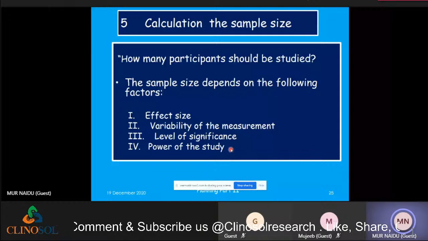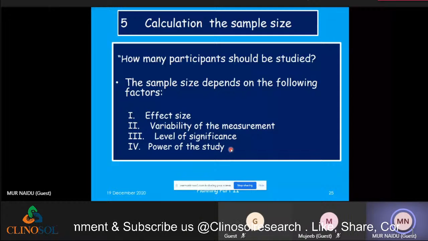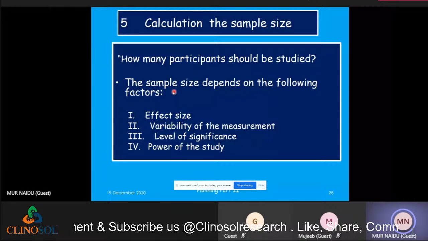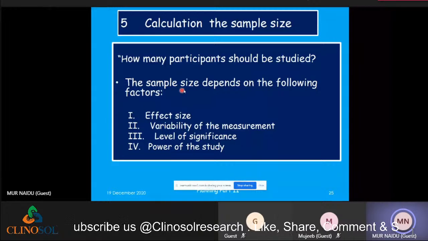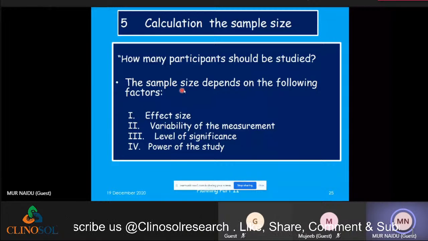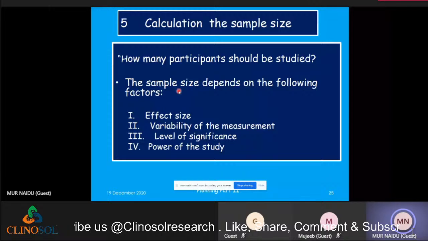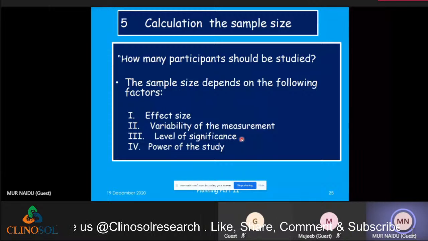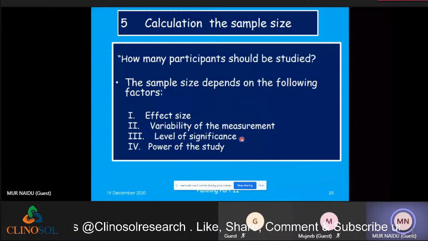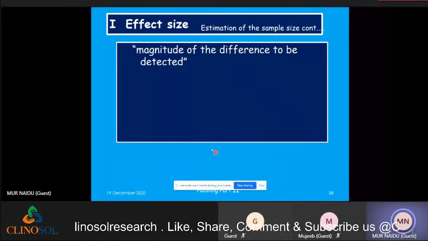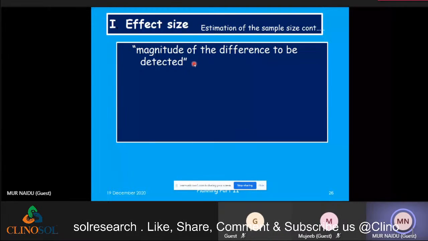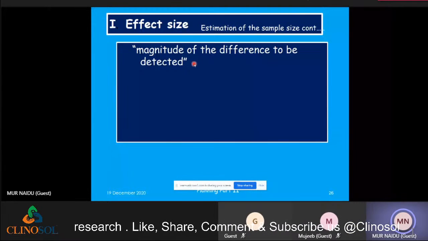Coming to effect size, what is the magnitude you want to detect? I already told you how much fall in blood sugar, in glycosylated hemoglobin, how much fall in the cholesterol, all these are actually your magnitude. Large sample is needed for a minute difference. If you are putting your difference very small, naturally you need a large number of people and the size will be very high.